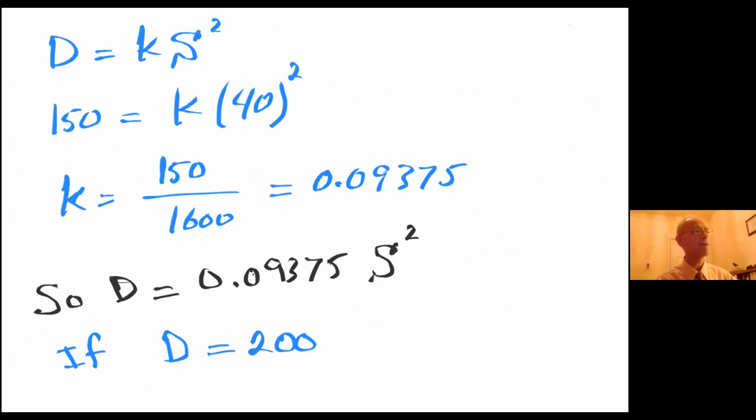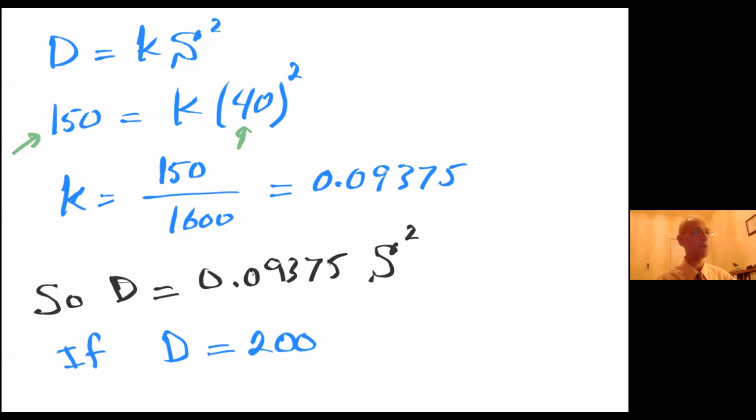First of all, we know that the problem told us that the distance is proportional to the square of speed. So d equals k s squared. And the problem told us that the car can stop at 150 feet if it's going 40 miles an hour.